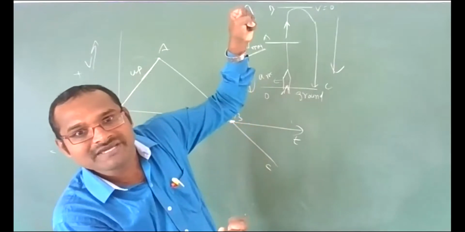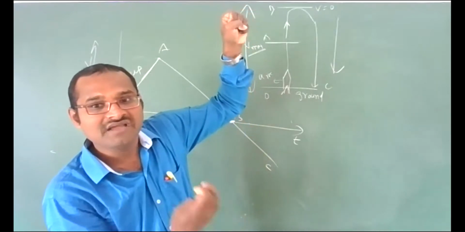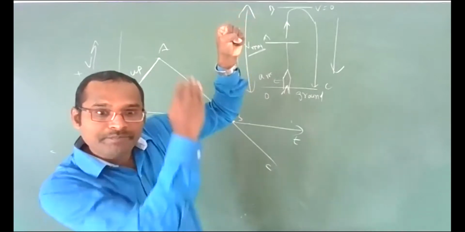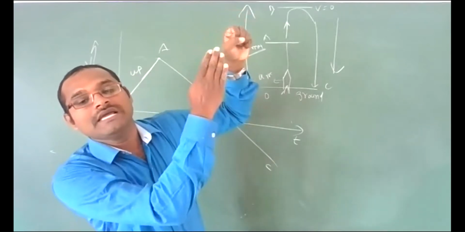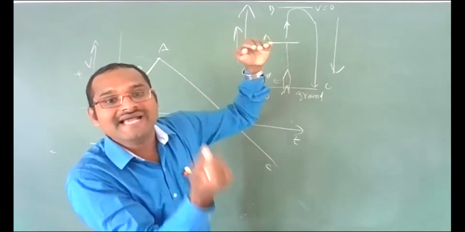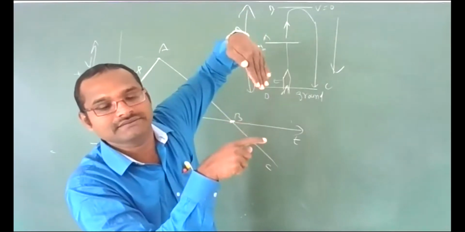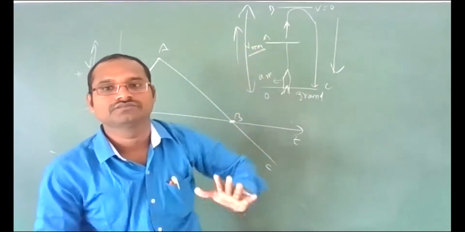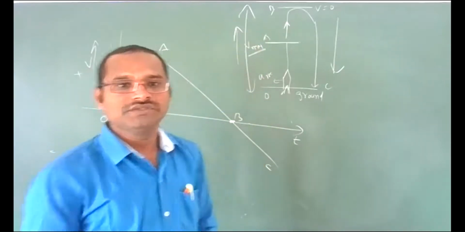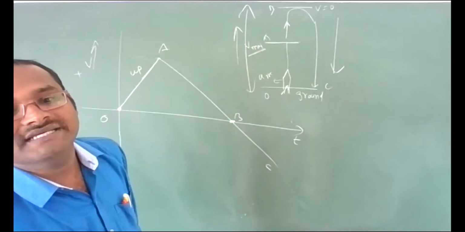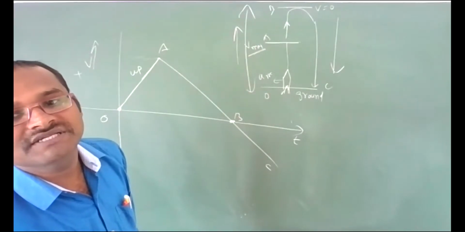So at point B, velocity becomes 0. Means from O to B, it is going up only. Then at B, velocity becomes 0, it will turn back and come down. So upward journey is O to B, downward journey is B to C.